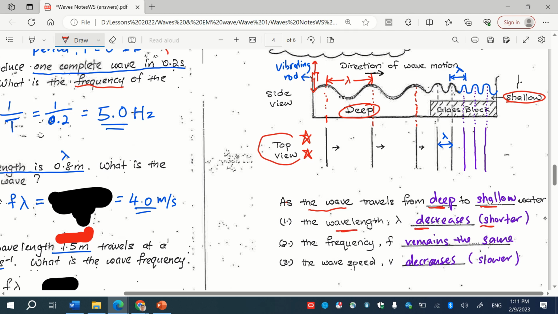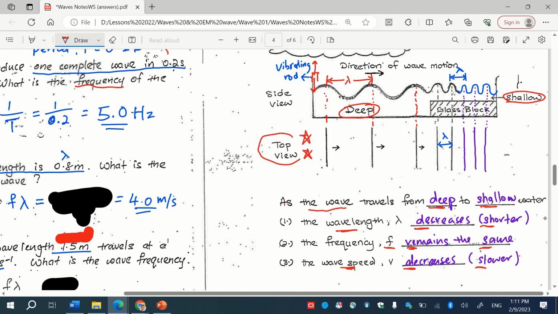The frequency remains the same because it depends on the source. The source doesn't change, so it will remain the same. And the wave speed will decrease, meaning it becomes slower in the shallow region. Notice how you can remember this very effectively.